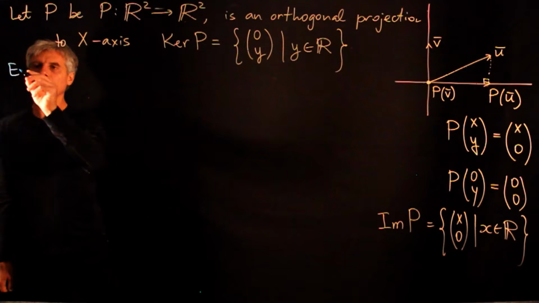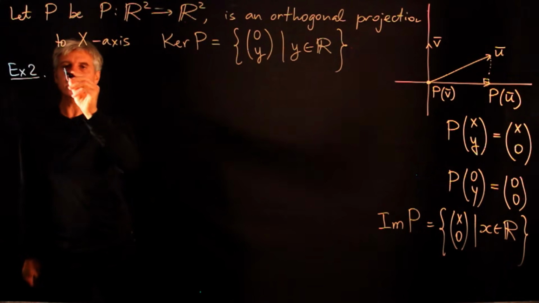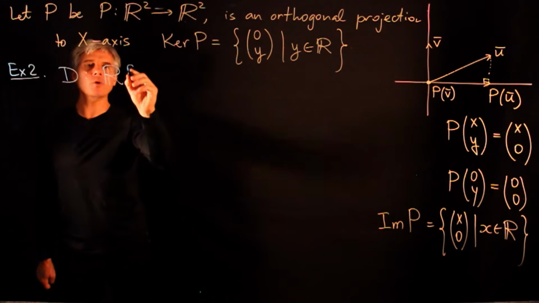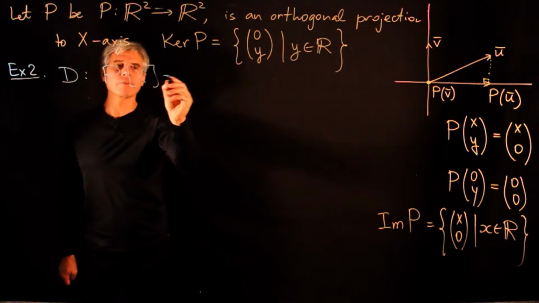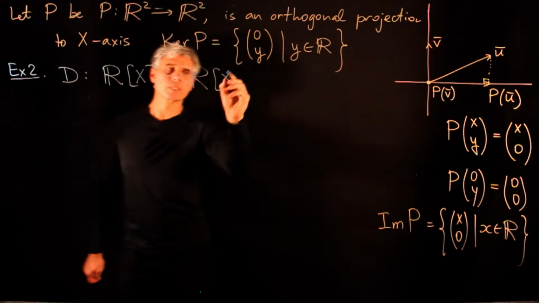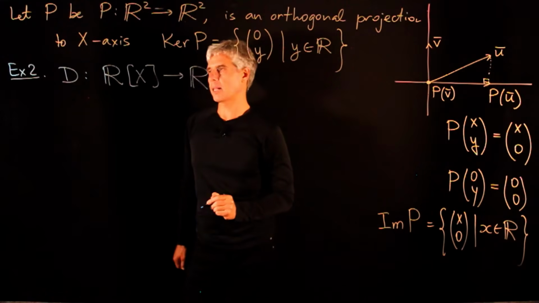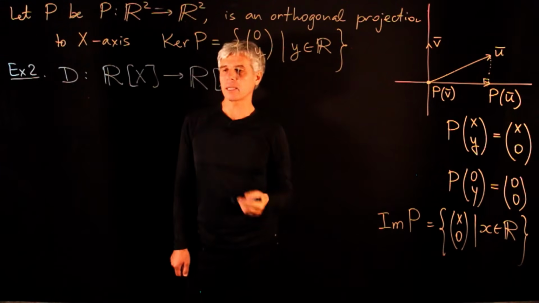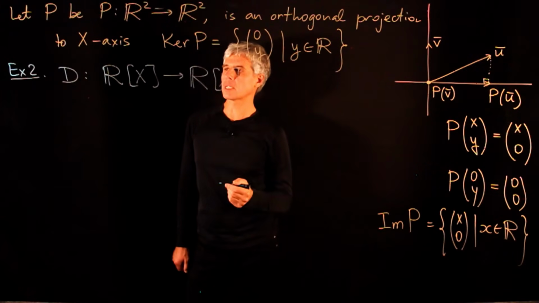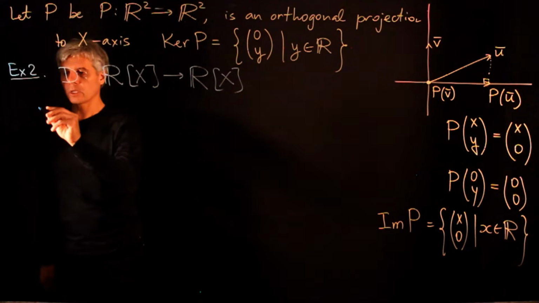In our next example, let's consider the linear operator of differentiation that acts on the space of polynomials with values in the space of polynomials. Right, so we apply differentiation to each polynomial. Again, let's determine the kernel of this operator and the image. What's the kernel of D?